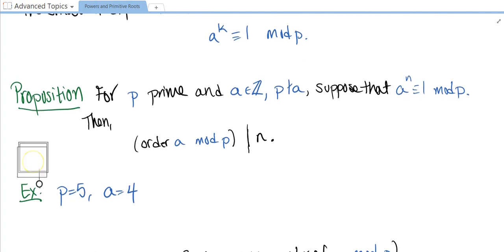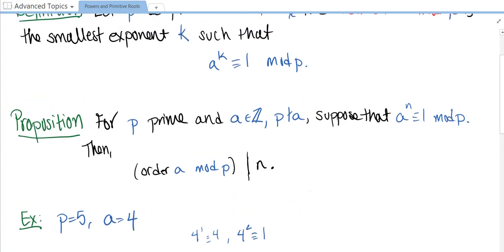If I think of p as 5 and a as 4, I want to find k. So p is 5, so I'm in a finite field of 5 elements, and I'm looking at 4. Then 4 to the first is congruent to 4, and 4 to the second is 16, which in a field of 5 elements is congruent to 1.